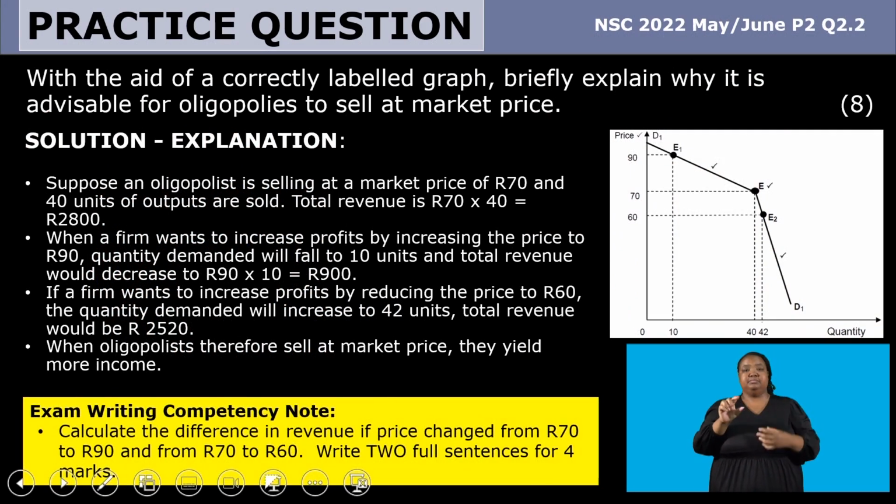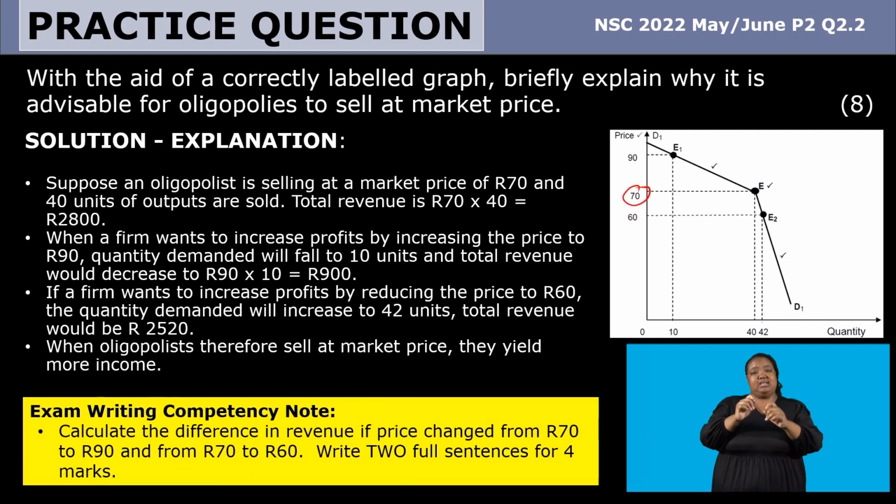It says here, suppose an oligopolist is selling at a market price of 70 and 40 units of output are sold. The total revenue will be 70 times 40. That is price times quantity. So at the kink, this is the revenue at the kink.